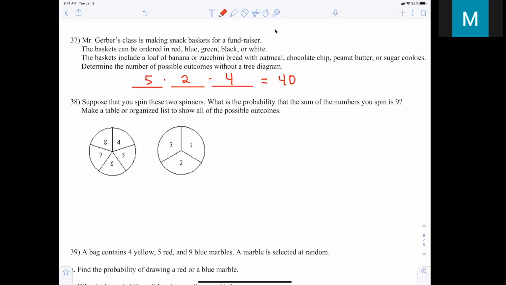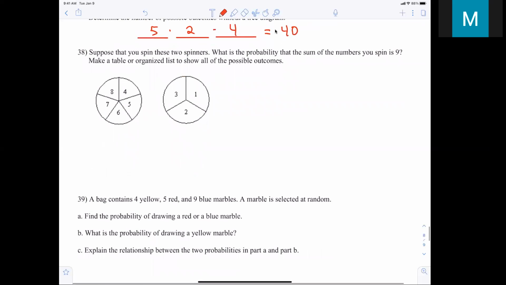All right, Jackson, number 38. So see, this was kind of tricky. What's the probability of getting a 9? How many outcomes were possible? Well, there are 2 events.